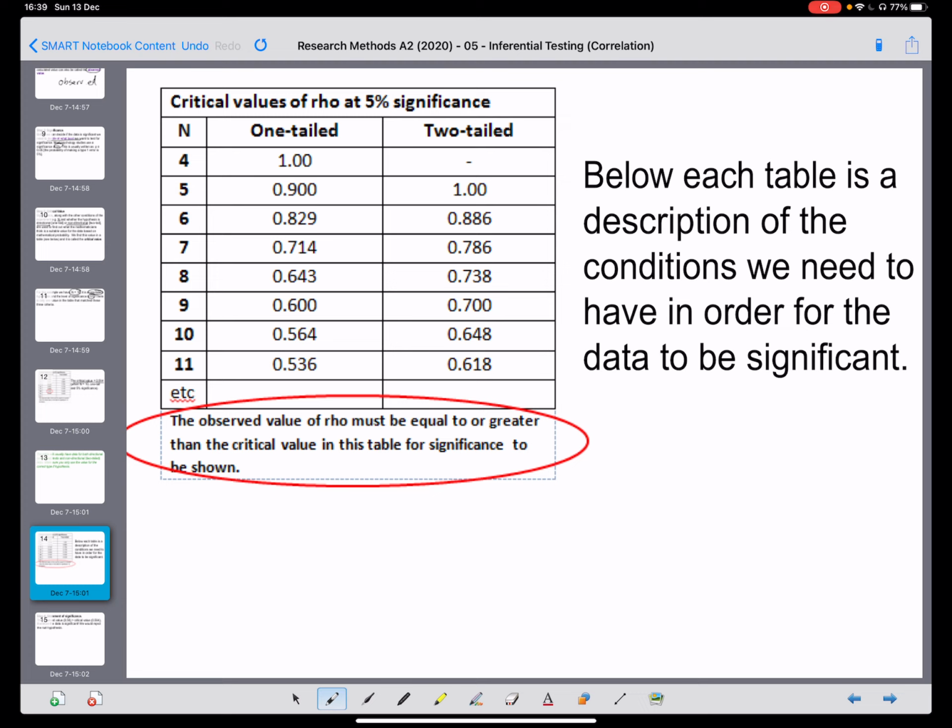And another reason why I've interchanged the phrase calculated value with observed value is that it will depend on who set the test. And this particular table uses the phrase observed. So we need to ask ourselves, does our value of 0.58 match this criteria or not?